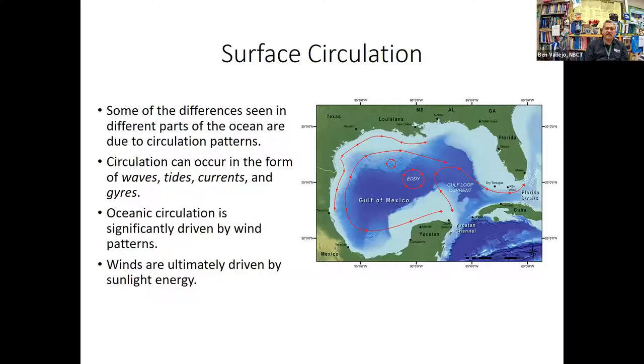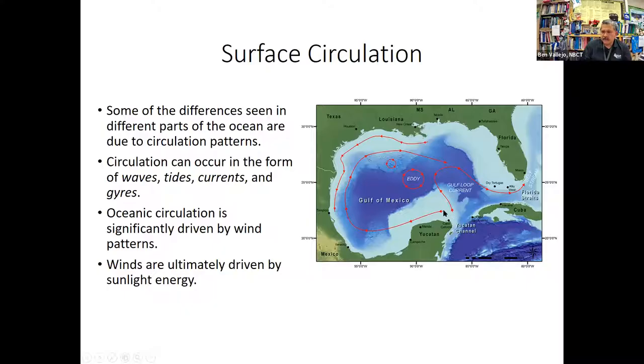You can see in this picture right here some currents that are generally found in the Gulf of Mexico. Here is a western moving current close to Louisiana going across that way, which we generally see because the warmer waters down here are getting pushed up over here.